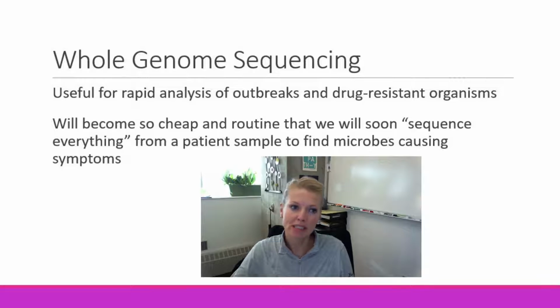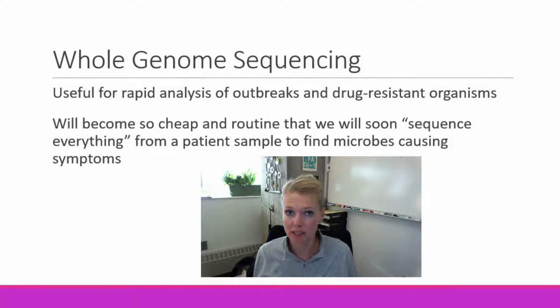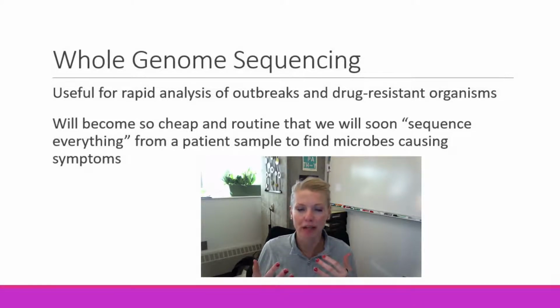Whole genome sequencing, or WGS, is a process of taking the genes of a microorganism and sequencing all of them within a cell. This is done more and more frequently, and we see whole genome sequencing most employed when we're looking for the connection of an outbreak.